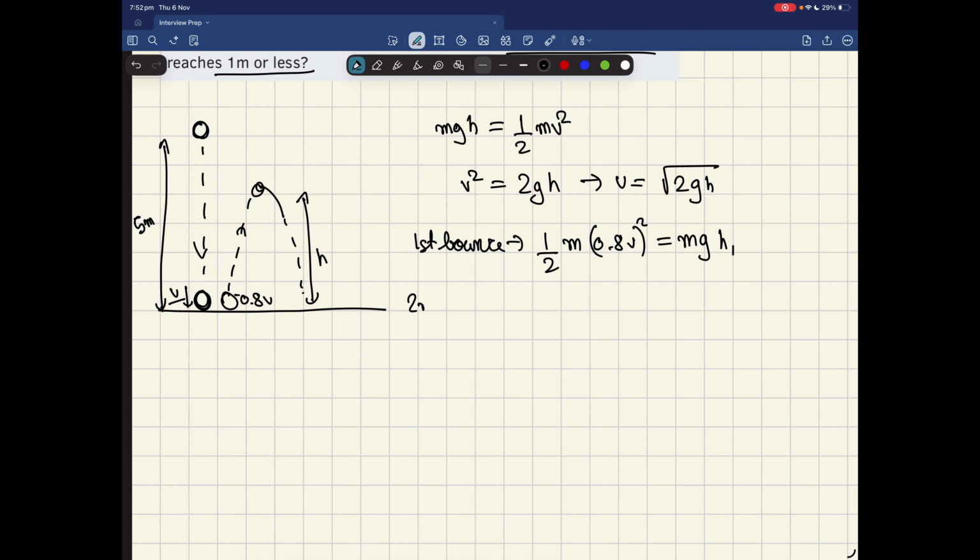Second bounce, in this case, would be 1 over 2 m (0.8v times 0.8, because it's being multiplied by 0.8 again) squared equals mgh2, where h2 is the new height.